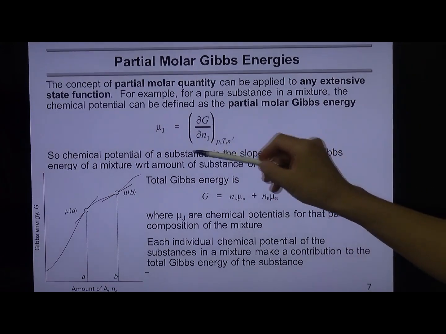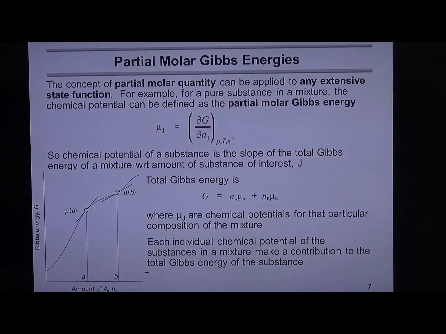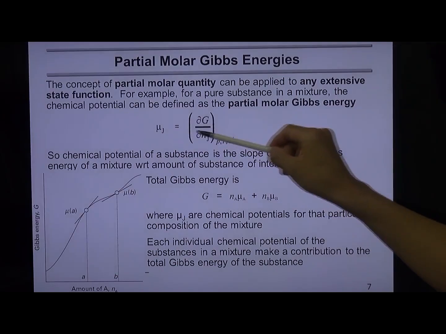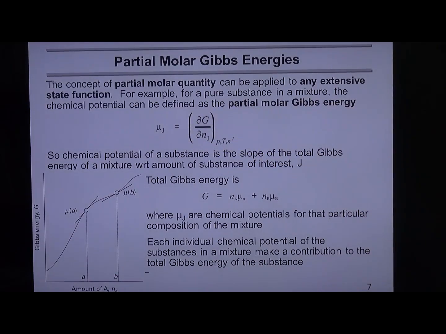And we remember that this is the definition of chemical potential, right? Chemical potential is the same as molar Gibbs energy for a pure substance, remember? Okay. So chemical potential is defined as partial molar Gibbs energy.